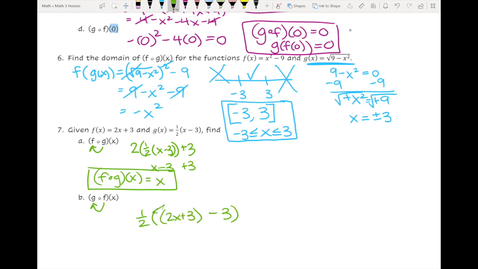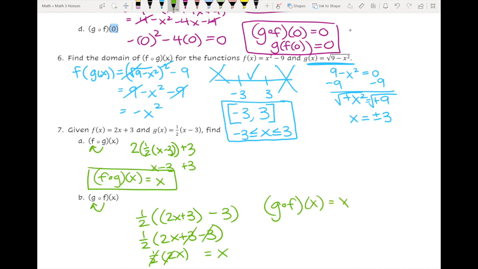I don't have anything multiplied by the stuff in parentheses there, so I'm going to drop those and just have 1/2 times 2x plus 3 minus 3. Okay, +3, -3, those add up to 0. And then I have a 1/2 times 2x. Well, a half of 2 is 1, so this also equals x. My g of f of x also equals just a plain x.